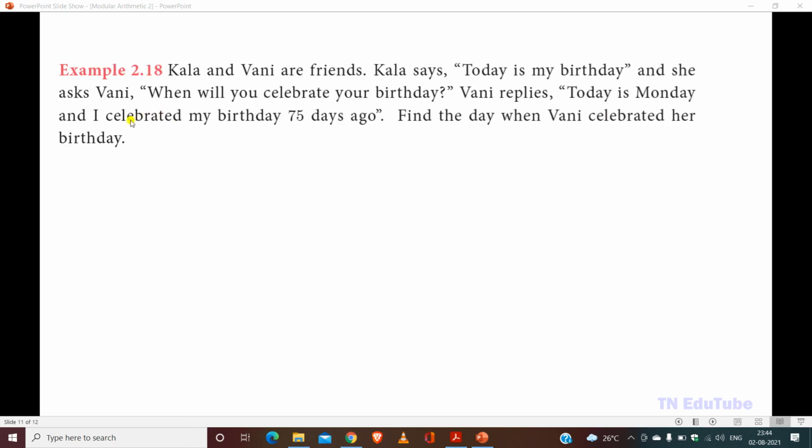The next problem, 2.18. Kala and Vani are friends. Kala says today is my birthday, and she asks Vani, when will you celebrate your birthday? Vani replies, today is Monday and I celebrated my birthday 75 days ago. Find the day when Vani celebrated her birthday.